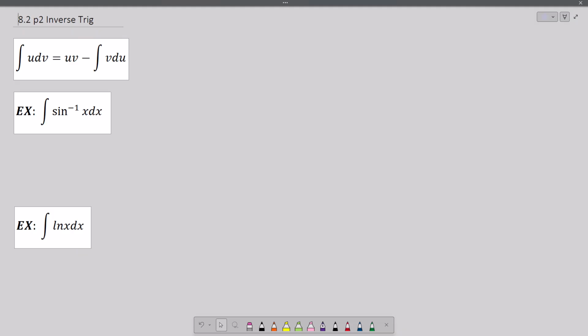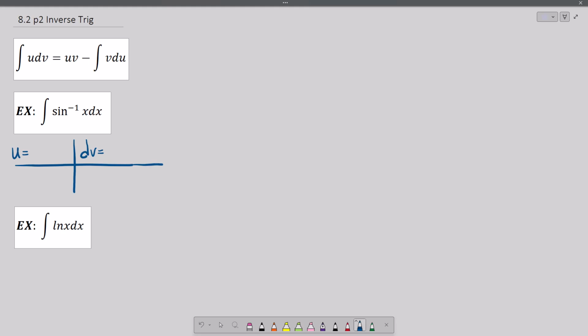You can differentiate arcsine, arctangent, and log, but we've never asked how do we integrate these. And this is going to be kind of curious, that integration by parts is going to be the key.